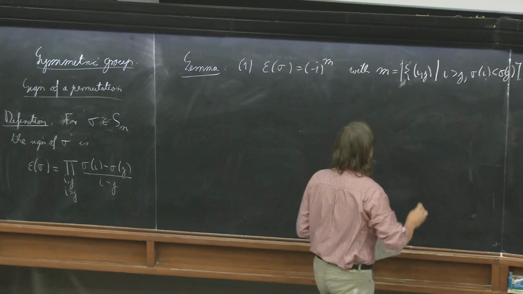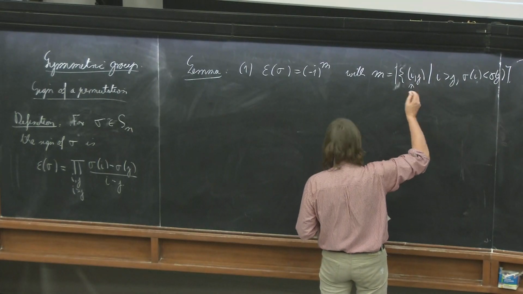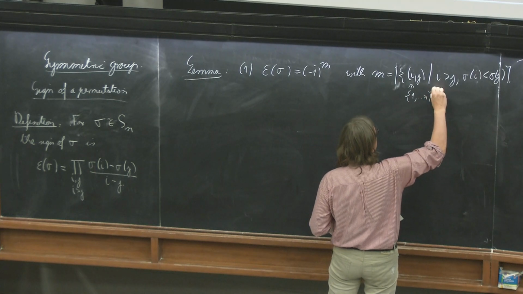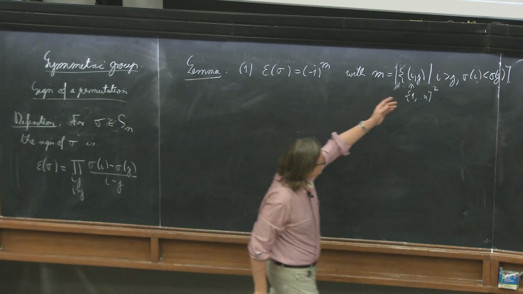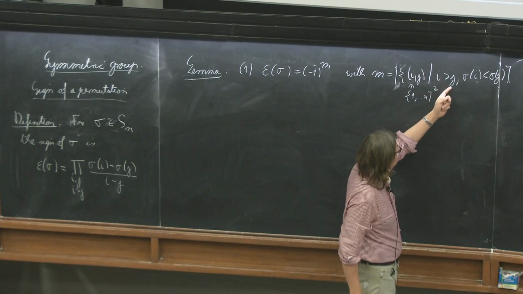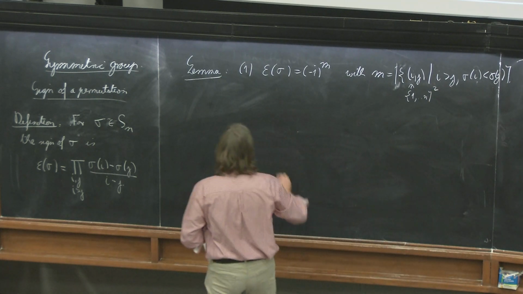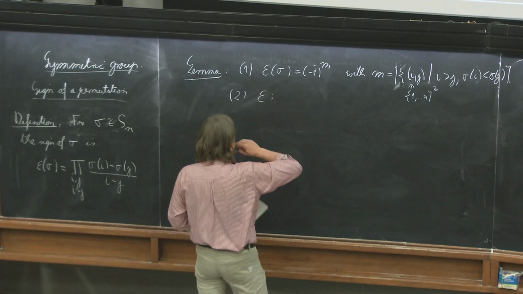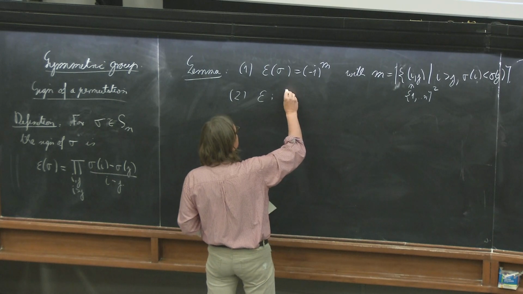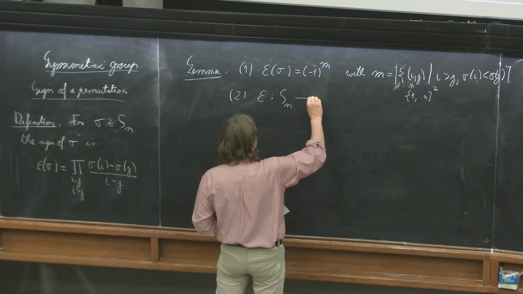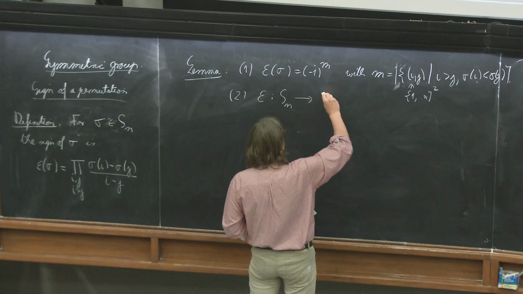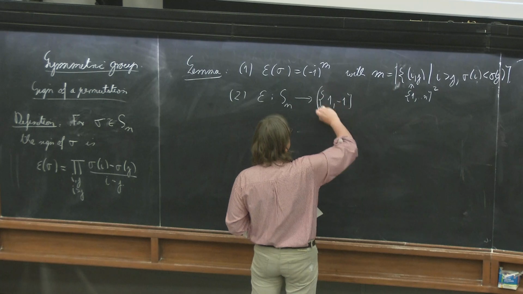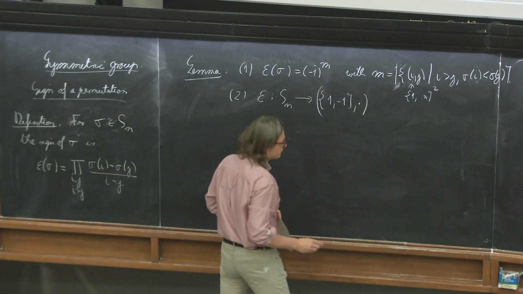So it's the number of pairs such that the first one is bigger than the second, but the order gets reversed. And the second statement is that this epsilon is a map from the symmetric group to the set {1, -1} with multiplication that is a group homomorphism.